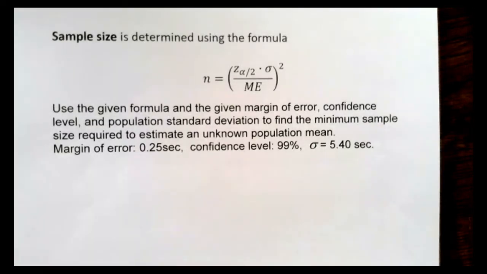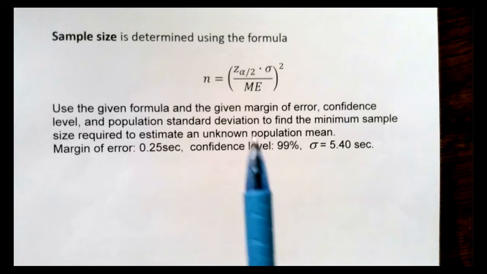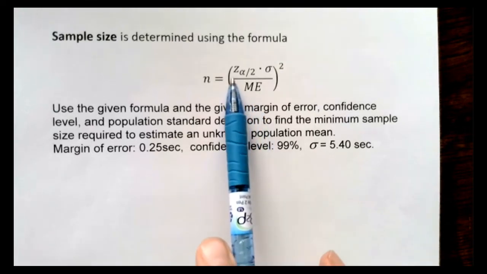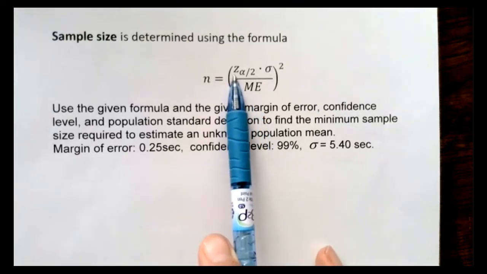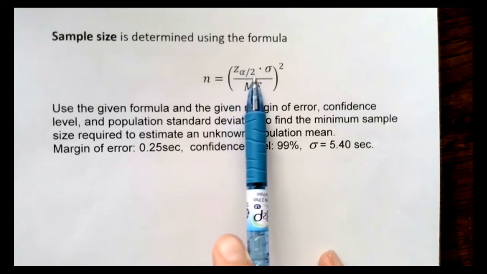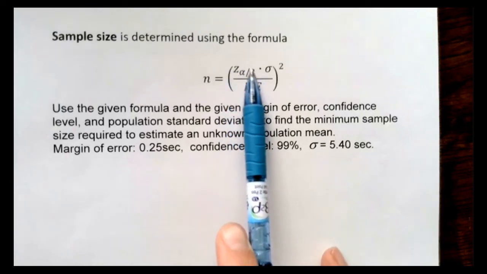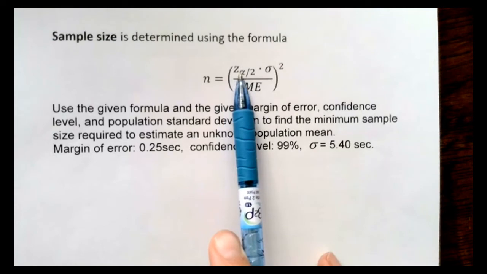All right, so in order to figure out our sample size, we need to specify the confidence level, and this is the Z value, the critical value that corresponds to that confidence level.